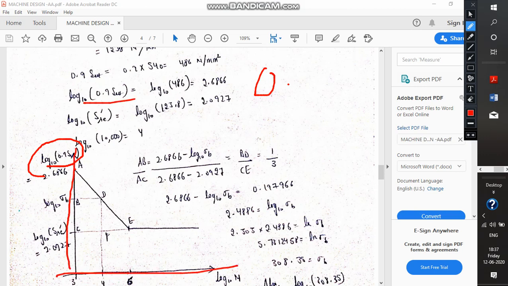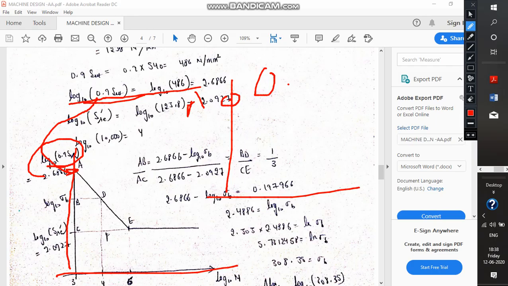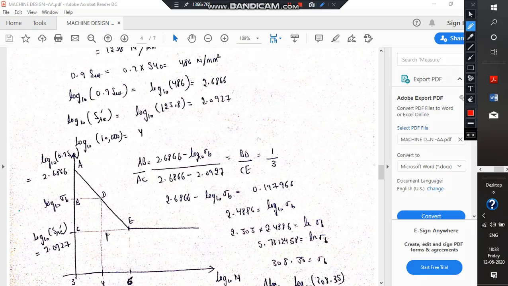Log of 0.9 SUT we have to draw, and we have to name it as point A. What is the value of the point A? It is log 10 of 0.9 SUT. Since SUT is 540, what will be 0.9 of SUT? It will be 486, and its log to the base 10 will be 2.6866, and the value of the point A will be 2.6866.